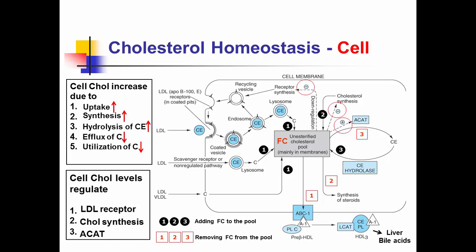So on the last slide we talked about the regulation of plasma cholesterol levels, right? And now we also know that cholesterol is present in the cells, which is directly related to atherosclerosis development. Inside of cells, there is a so-called free cholesterol pool, and this free cholesterol pool is kept in balance with the cholesterol esters, right?